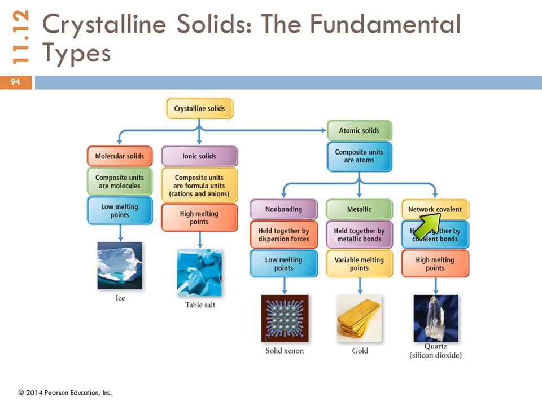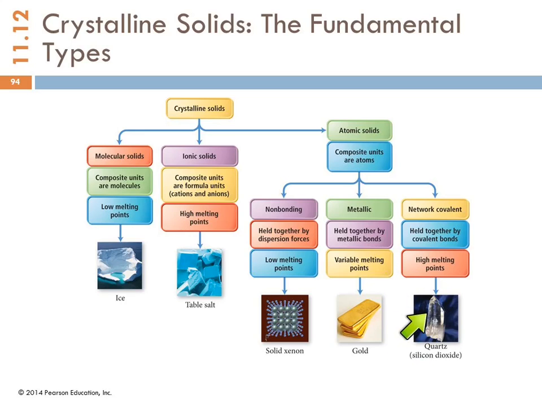And then the next one is a network covalent atomic solid. This is where the atoms are held together by covalent bonds. There are not a lot of these, but there are some, and these have high melting points.